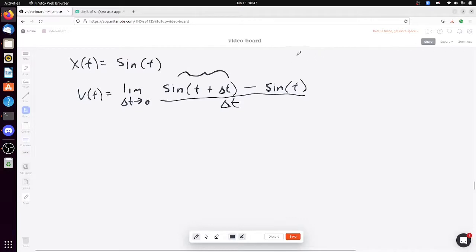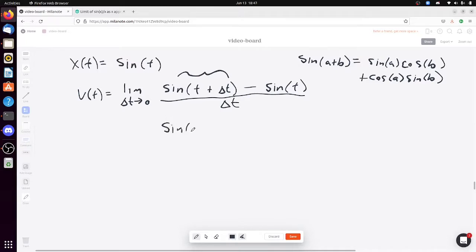There's a way that we can rewrite this term right here. We can actually use the following formula: sine of a plus b equals sine a cosine b plus cosine a sine b. So this is a special formula that we can use, and I'm actually going to plug this in. So a is t, and b is going to be delta t. Let me plug that in and see what we get here.